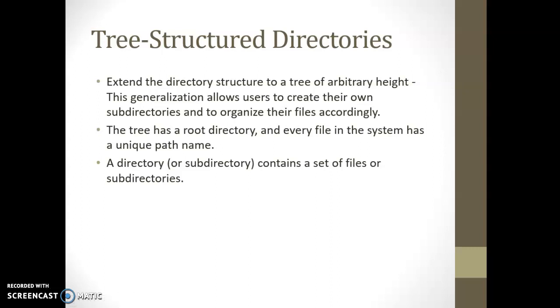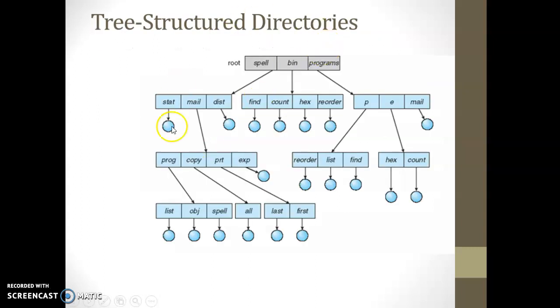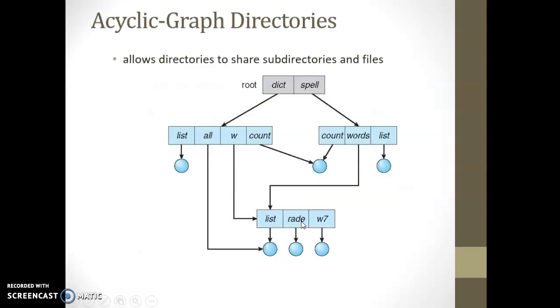Next is tree structured directories. In a tree structured directory, the tree has a root directory and every file in the system has a unique file name. This is the logical view of a tree structured directory. Next are acyclic graph directories.